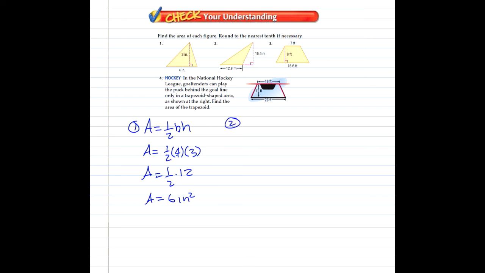Example 2. Area equals 1/2 times the base times the height. My base in this case is 12.8. My height is 16.5. Multiply those two numbers together.